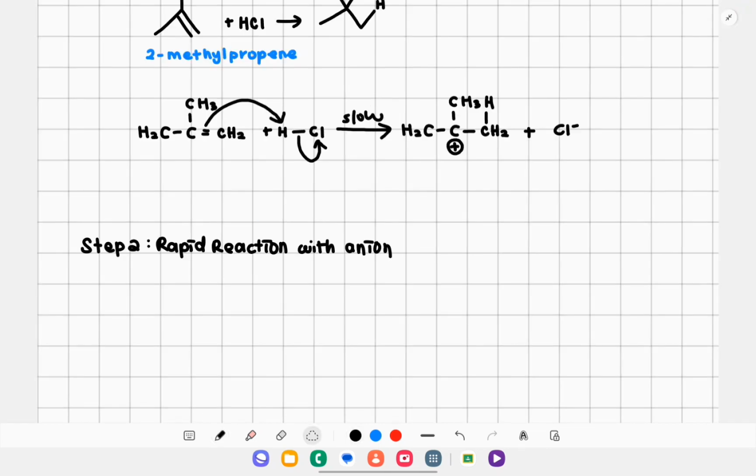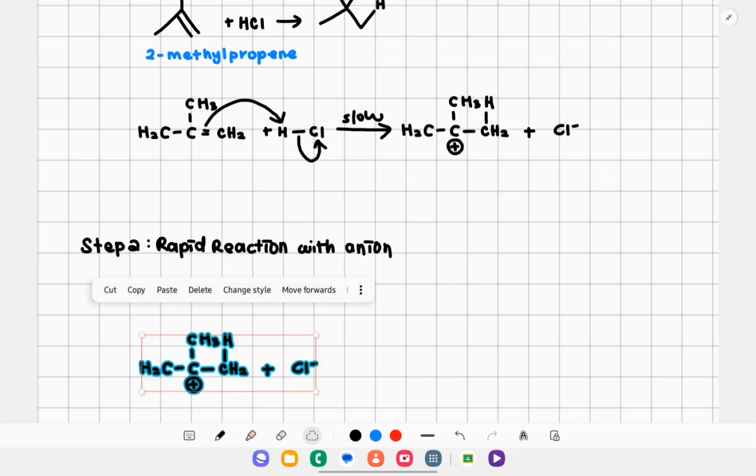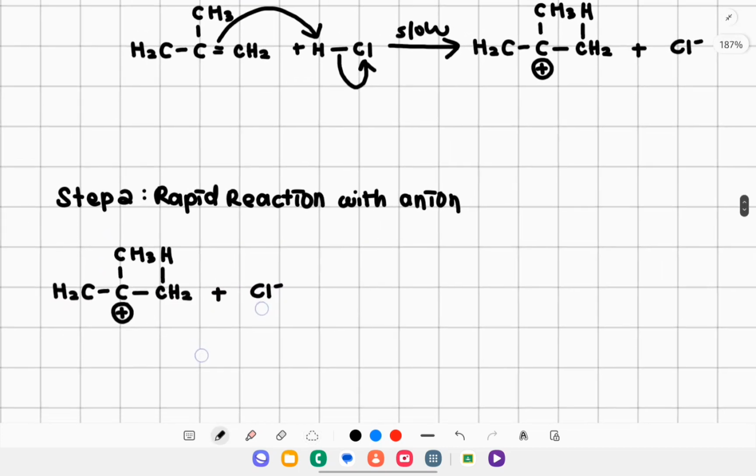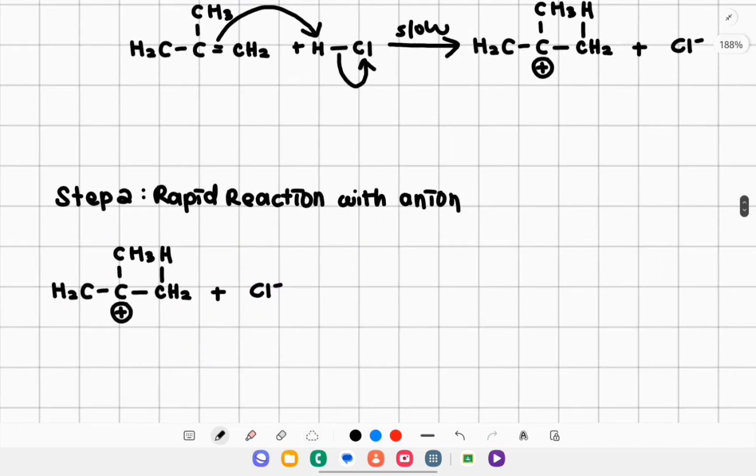The second step is rapid reaction with anion. To start this step, we need to take the product from the first step. It will become the reactant for the second reaction. To start step 2, the Cl⁻ ion will become the nucleophile site.